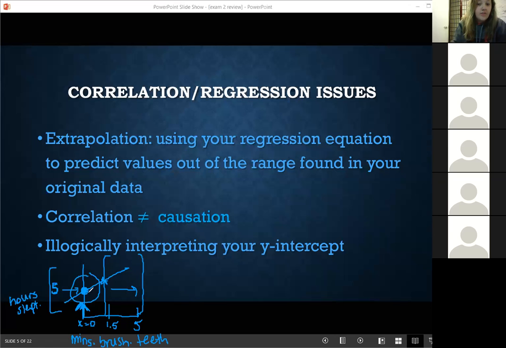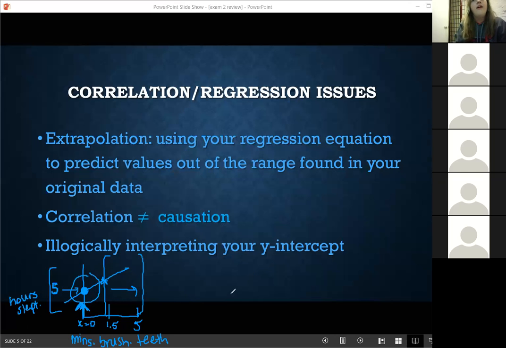So we can't extrapolate and bring it down here if we didn't have information about the data down here. So we don't have information about people who brush their teeth for 0 minutes, so you can't make the assumption that people who brush their teeth for 0 minutes sleep 5 hours or something. It's basically saying we don't have enough data to conclude that.